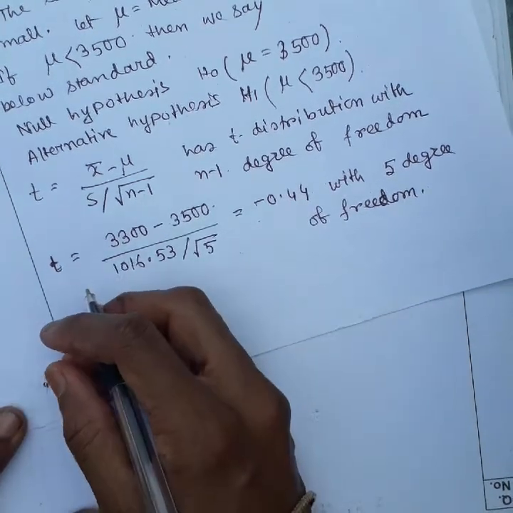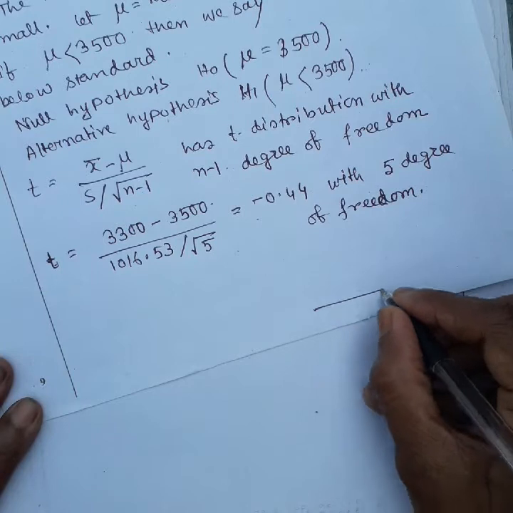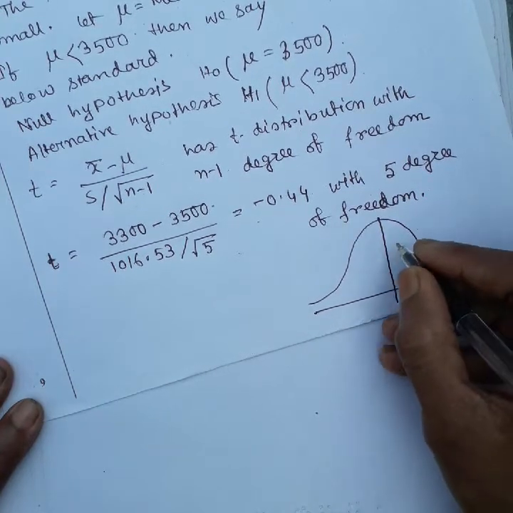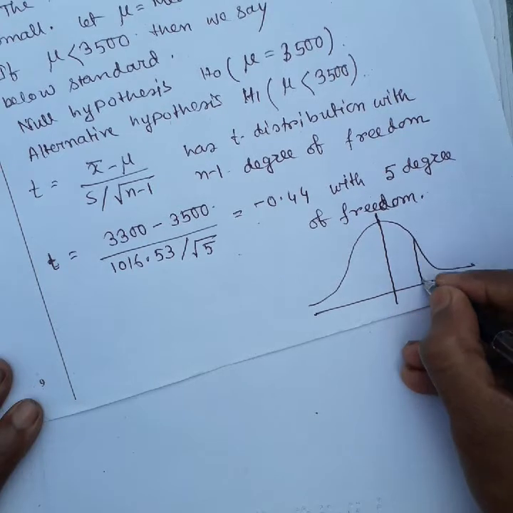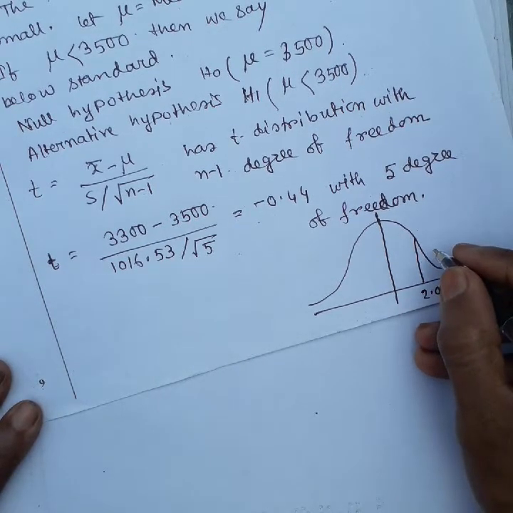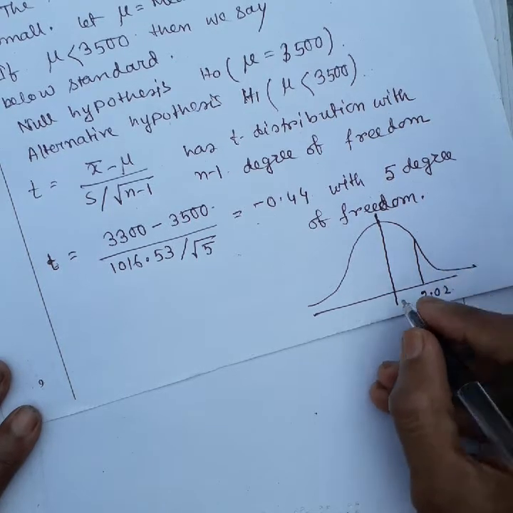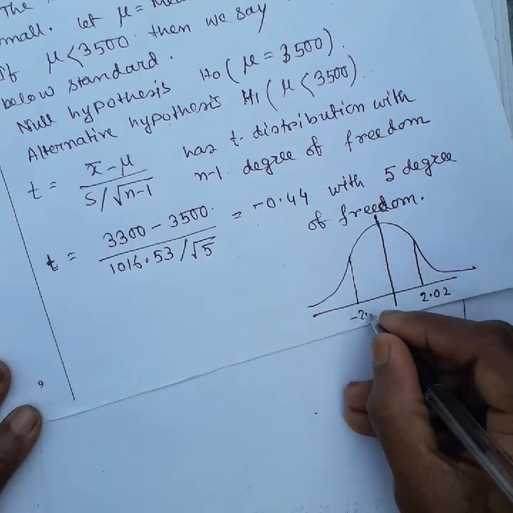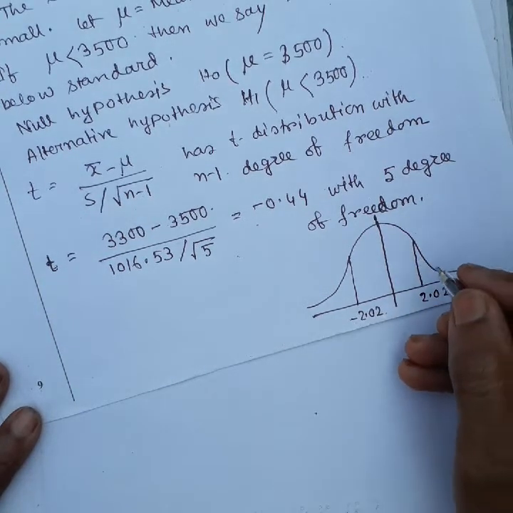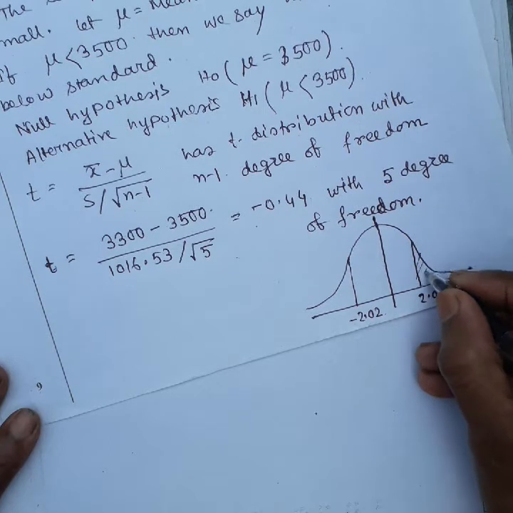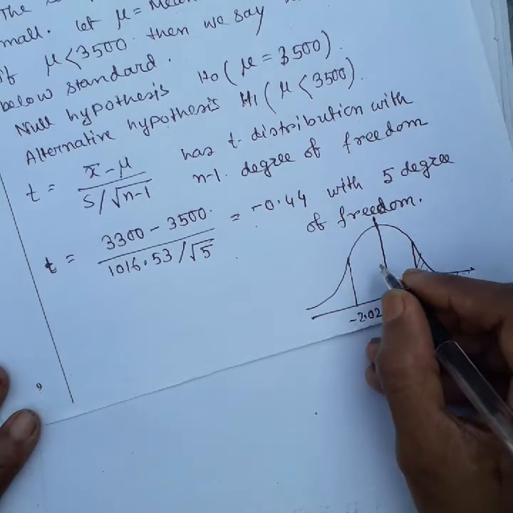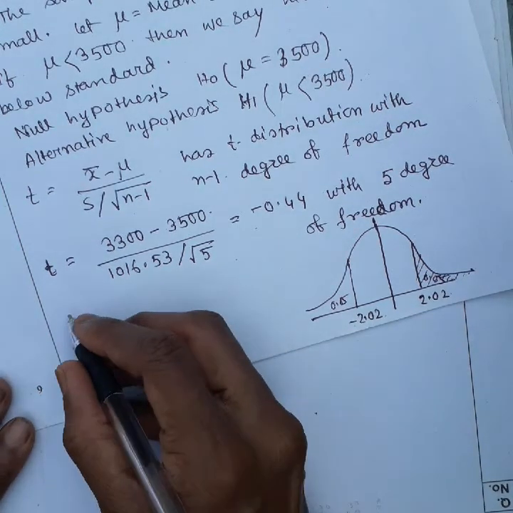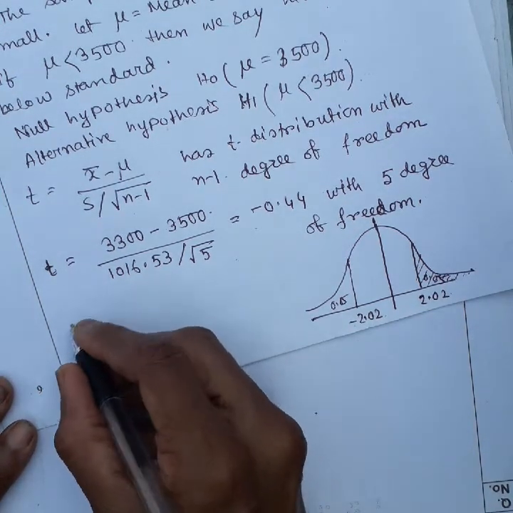Okay, so our given area is of this type. So this is a left tail test.